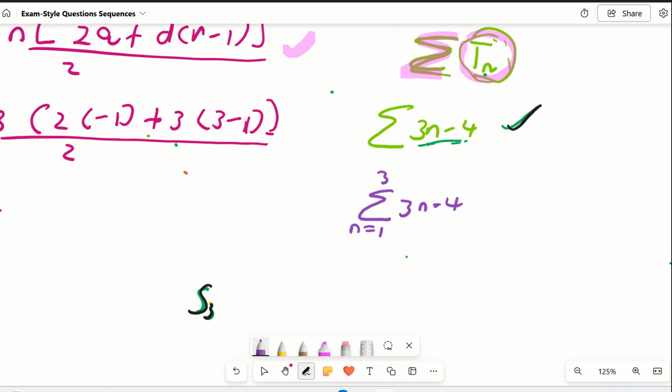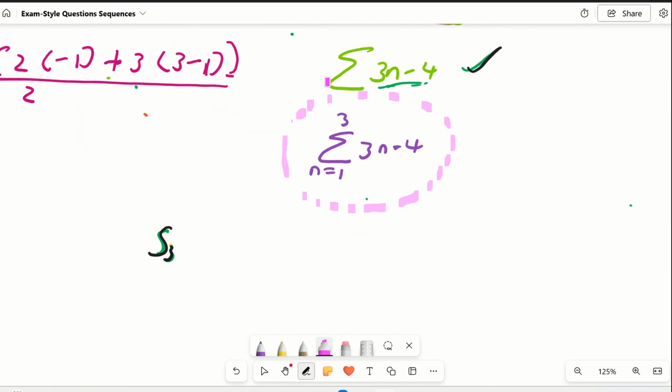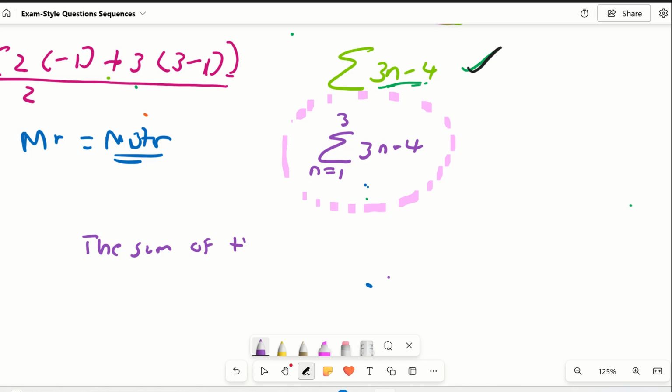Now, this thing has a meaning. I'm going to write it in English so that it makes sense. It's a symbol, the same way this thing means mister. This has a meaning as well. It says the sum of the first 3 terms, basically, loosely speaking.